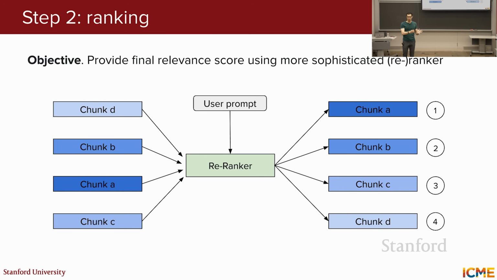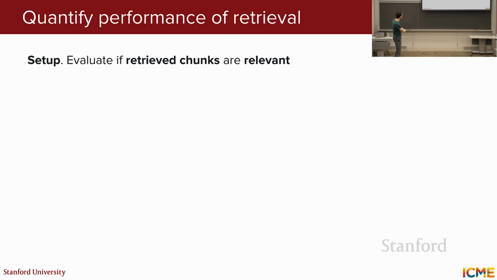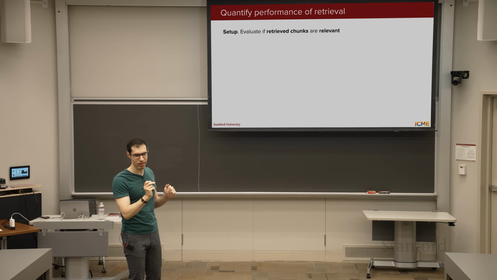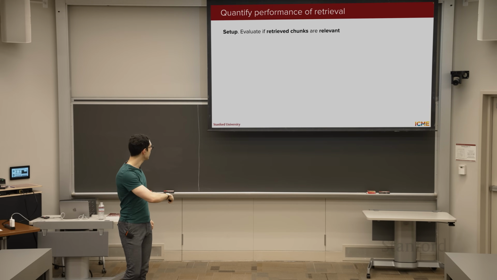In order to answer that question, you need to have a way to quantify your performance. That's why we're going to see in the next 5 minutes what are the metrics that we typically use to do that. This is very similar to search or recommendation, so in case you have a background there, you will see some commonalities.